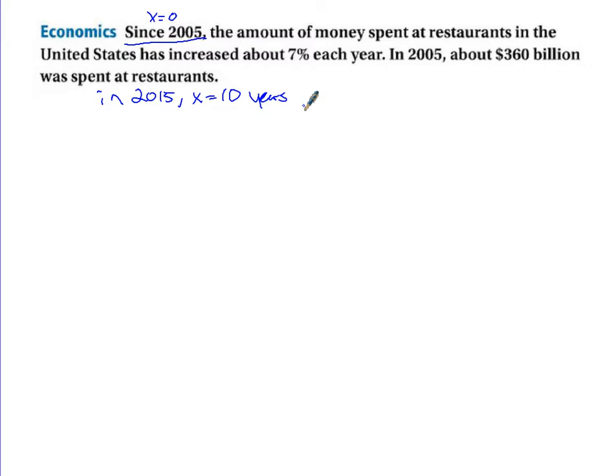Oh boy. All right, the amount of money spent at restaurants in the United States has increased about 7% each year. So let's not worry about this problem for now. Let's say you have a job and you make $10 an hour. And I want to give you a raise of 20%. How much money do you make now per hour?